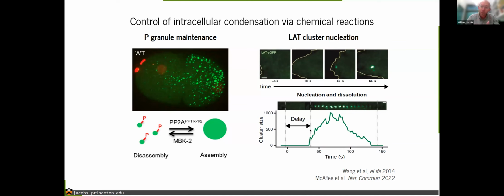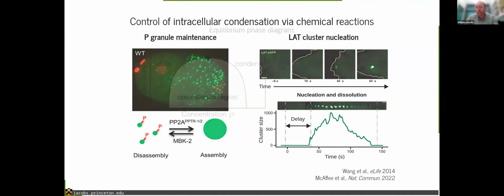There's a nucleation process, and again, all of this is out of equilibrium because these LAT proteins can also be phosphorylated by a pair of kinases and phosphatases that controls their nucleation dynamics and is thus essential to their role in this antigen discrimination.